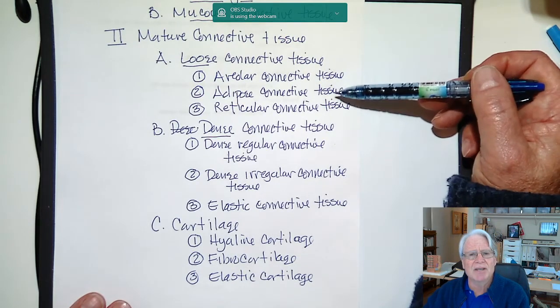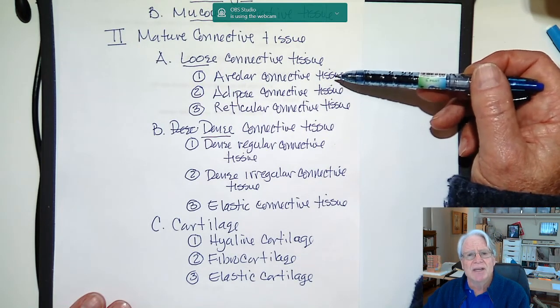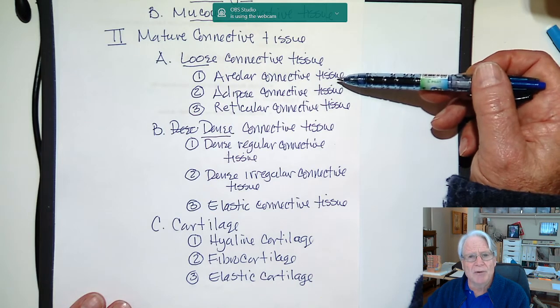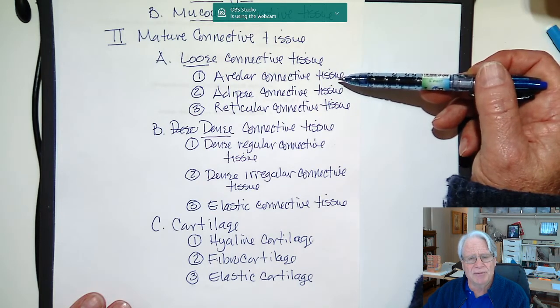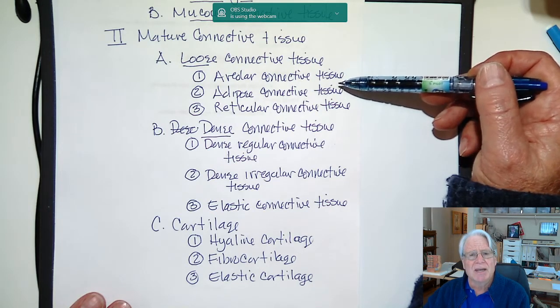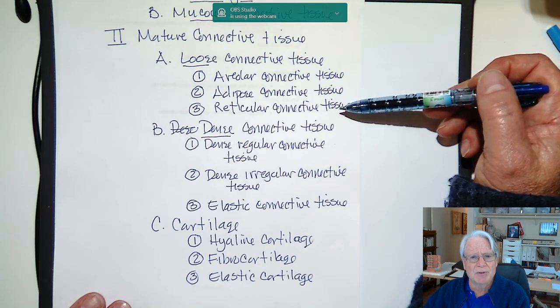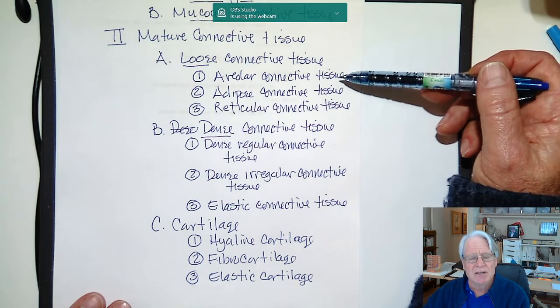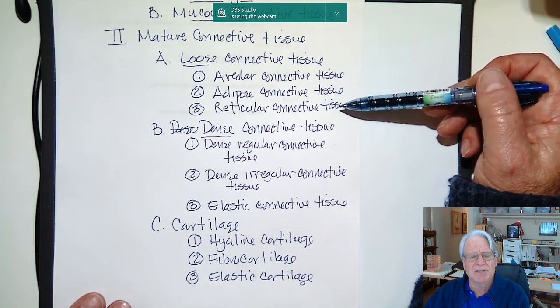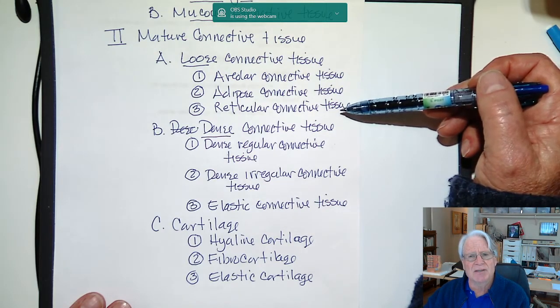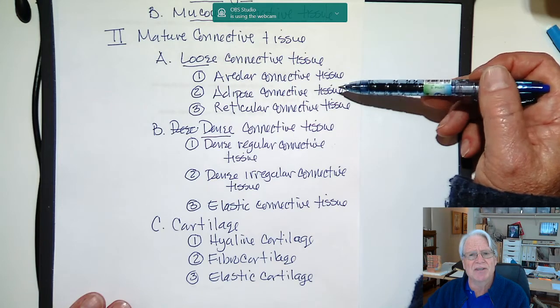Similar thing is happening here, although in this case, areolar connective tissue, we have a lot of fibers, but they're not very dense. And here we're going to change the type of fiber to reticular fibers, and we're going to have a high density of the reticular fibers as opposed to collagen fibers and elastic fibers, but still the overall density will be low. So we're just changing the nature of the fibers.